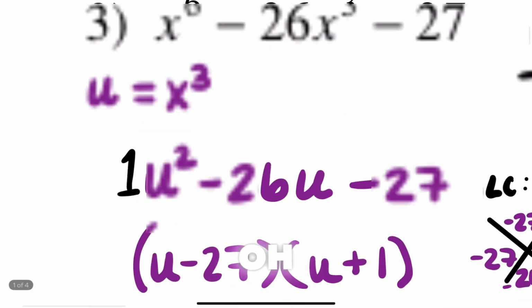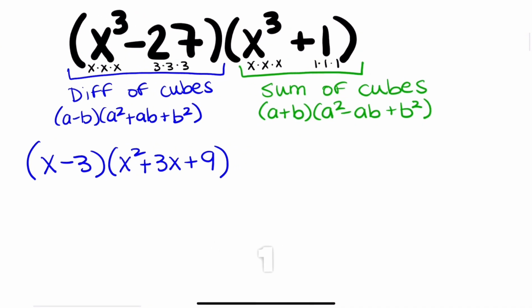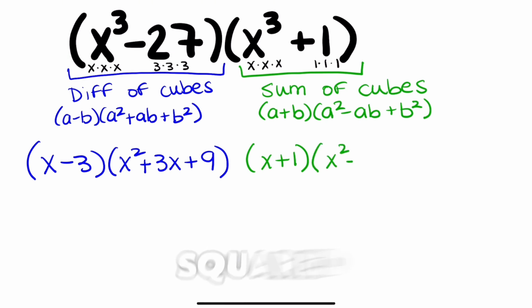Now for the sum of cubes, x cubed plus 1, we're going to factor that as x plus 1 for a plus b. A squared is x squared, minus a times b is just x, because 1 times x is x. And then b squared, 1 squared, is just 1.